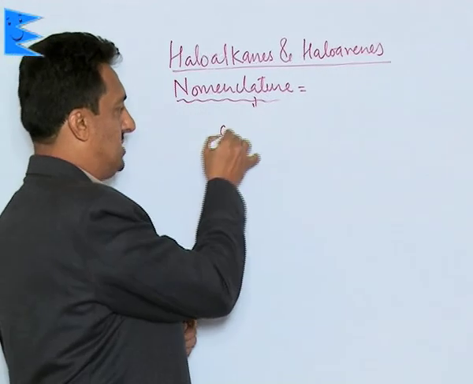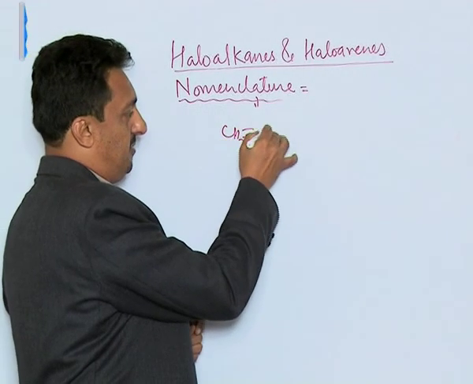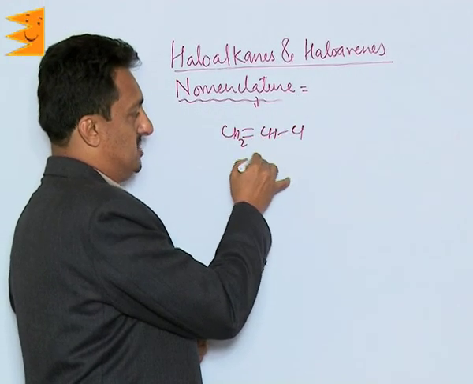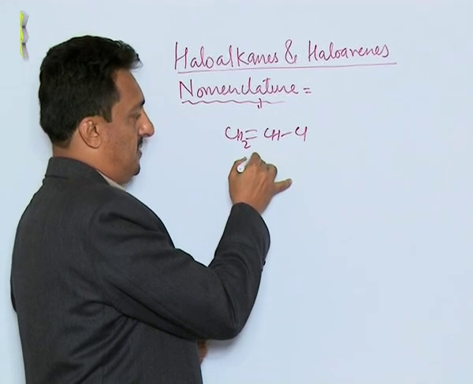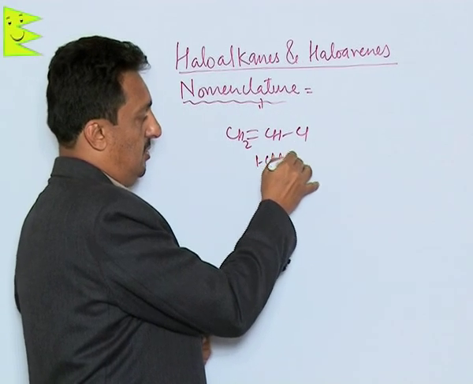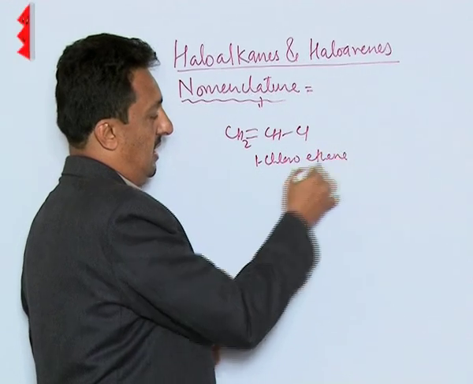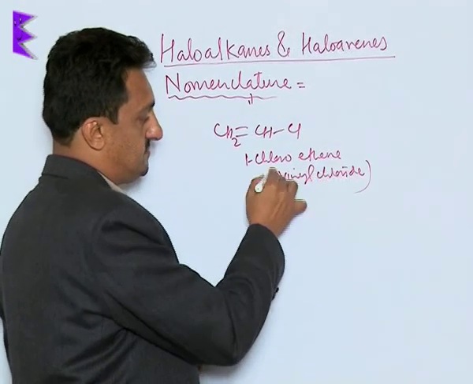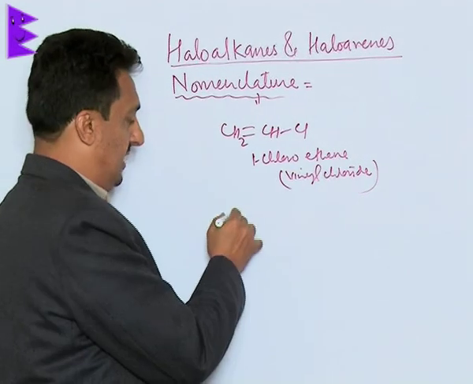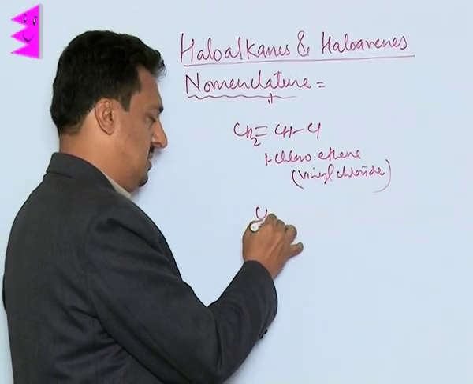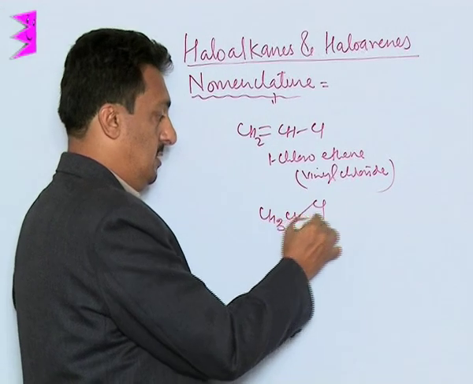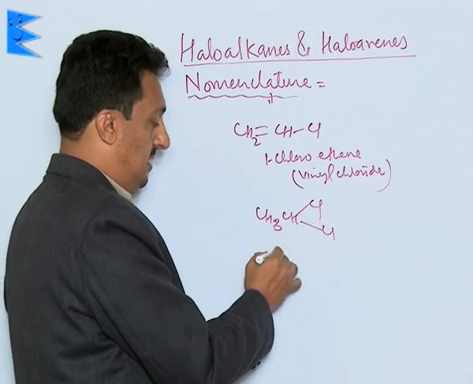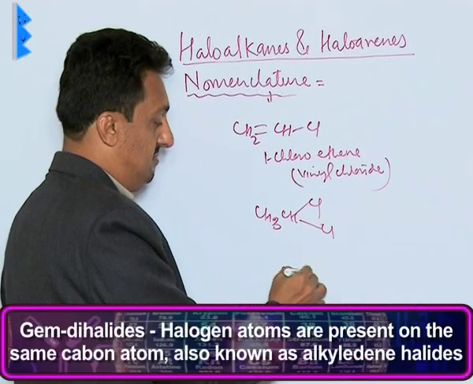Let me take a few more examples. Suppose we have this one, it's called 1-chloroethene, and we know we call it vinyl chloride. Suppose we have two halogens on the same carbon, we call this a gem dihalide.